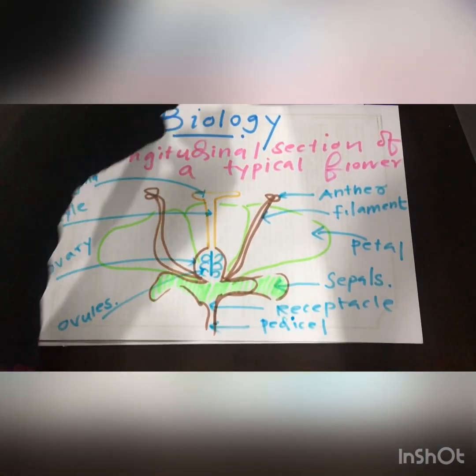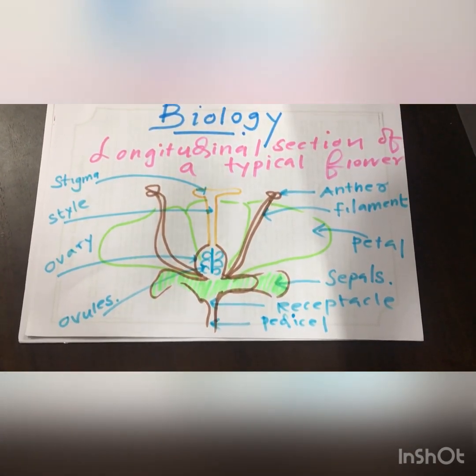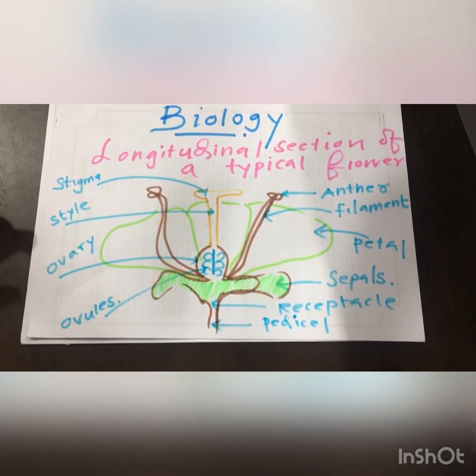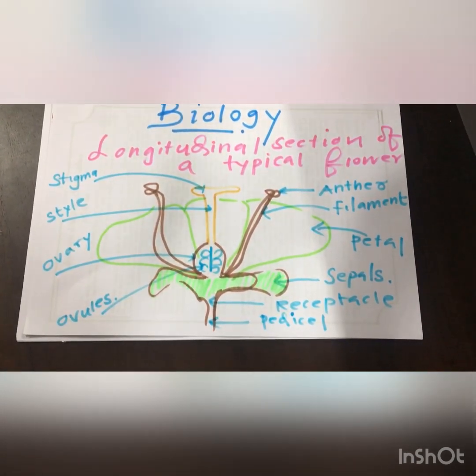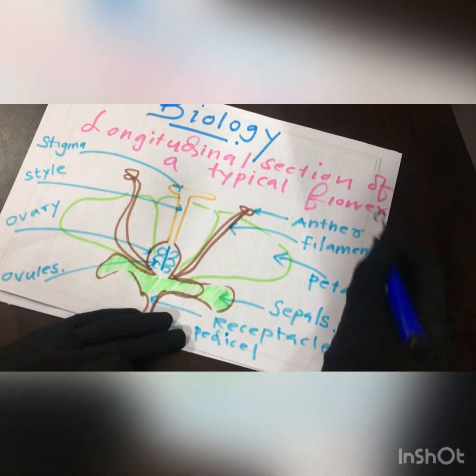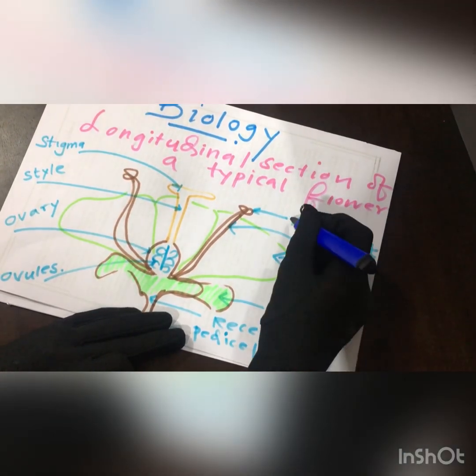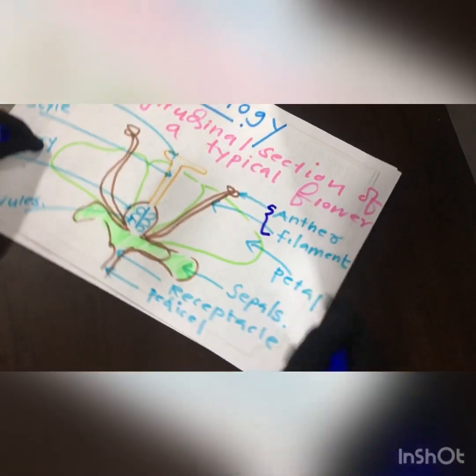So now I have named all the parts that are present in a typical flower, and now I will say which is the female structure of the flower and the male structure of the flower. This anther and the filament, these two structures come under androecium, or we can even say stamen.